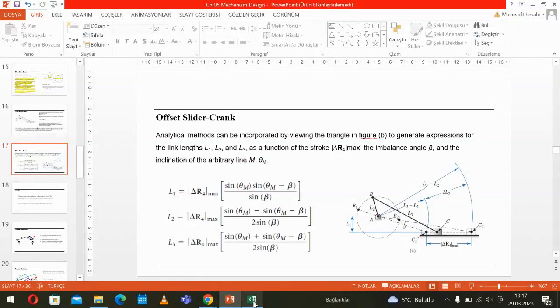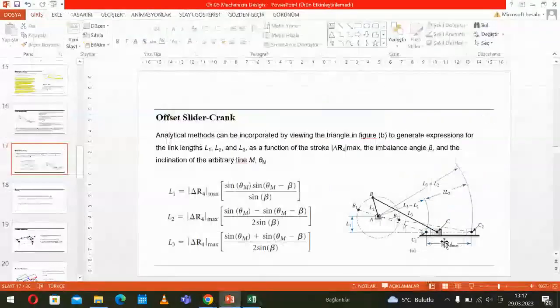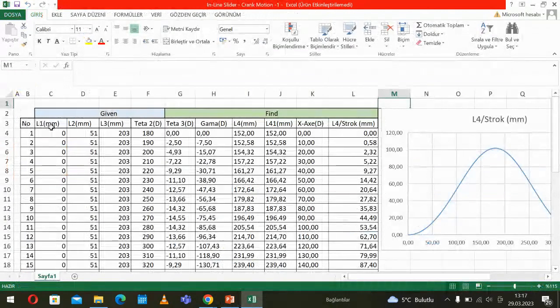And I check, for example, the motion of the point C here with respect to the driving angle. You see the L1 is 0, and we can also give another value. If L1 is 0, then that means it is an inline slider crank mechanism.